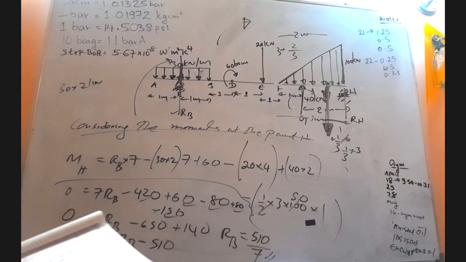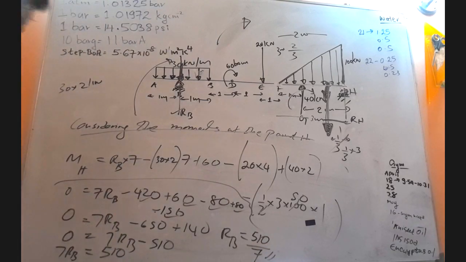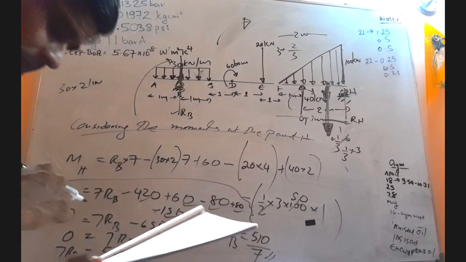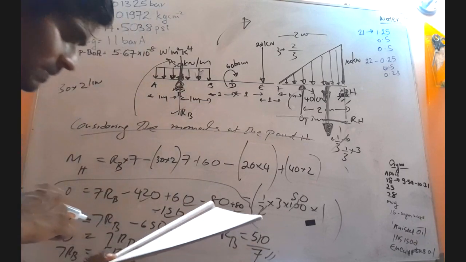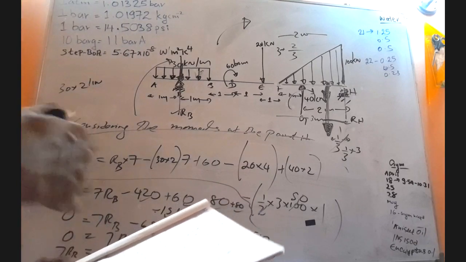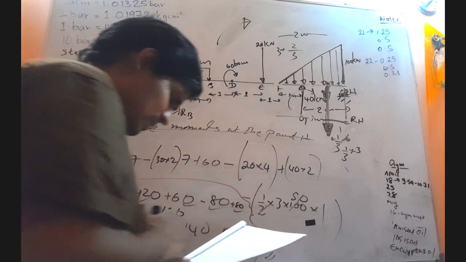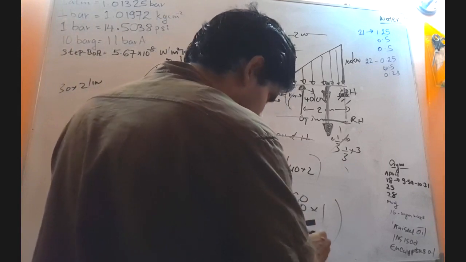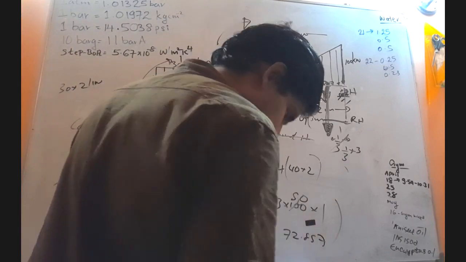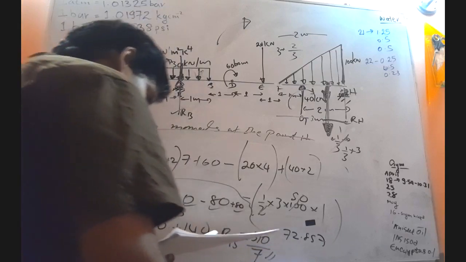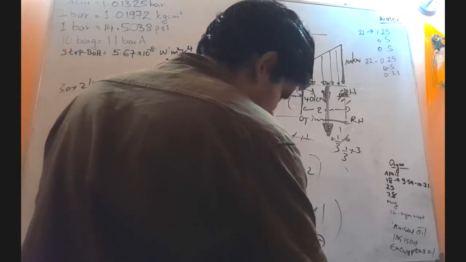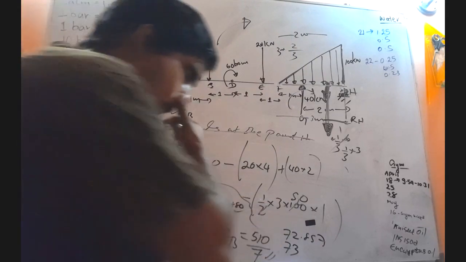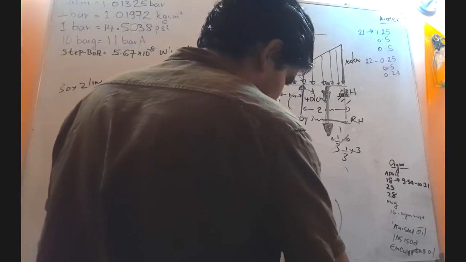Carefully check the simplifications. If you find that answer, it will be 72.857. So let's consider it as 73 kilonewtons.